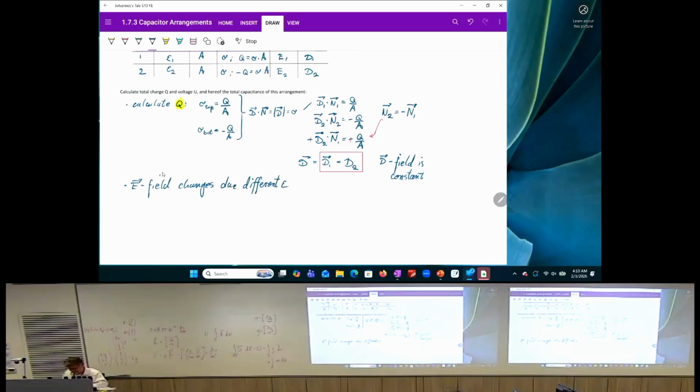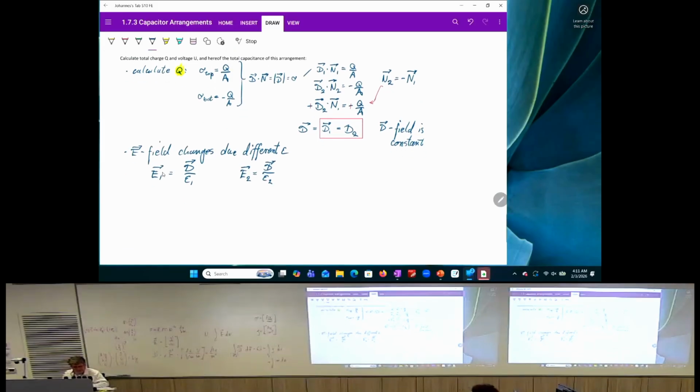So in the first region E1 is the electric flux density divided by epsilon 1, while in the second region we have the same flux density, D equals D2, divided by epsilon 2. That is our E field 2.